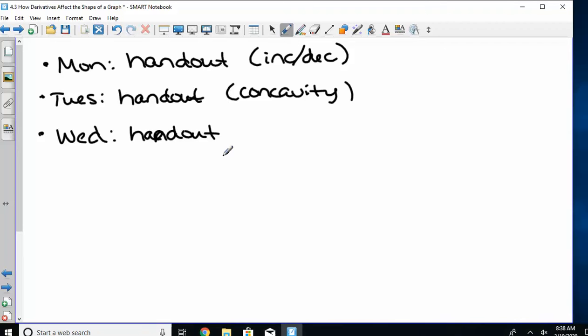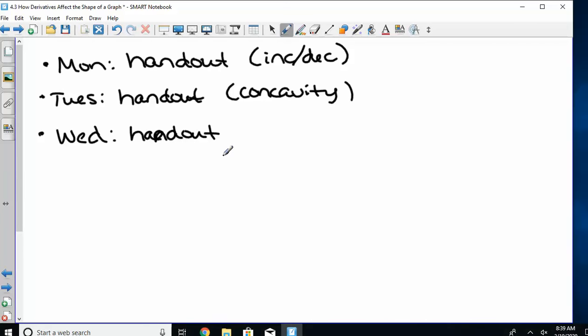Wednesday's handout is going to be graphing. So it'll be like 6 questions, and you are actually going to put everything together and graph. The notes tomorrow will get to that point where I start graphing things. So you should have all of your gaps filled in. And it's going to tell you in the directions exactly what I want you to find. You know, all the critical points. Where is it increasing and decreasing? Where are your maximums and minimums? That stuff we've done already today.